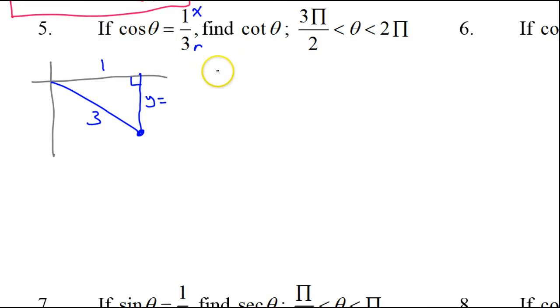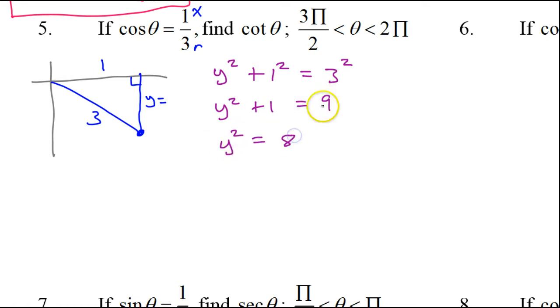So we're going to do some Pythagorean theorem, of course. So we will do y squared plus 1 squared is equal to 3 squared. So y squared plus 1 is equal to 9. So y squared is equal to 8. Subtract 1 from both sides. So y is equal to the square root of 8.